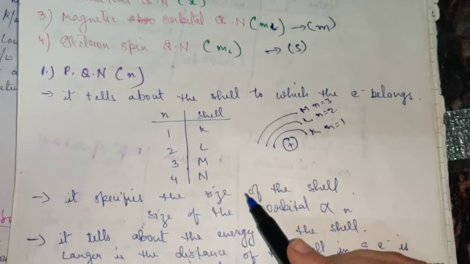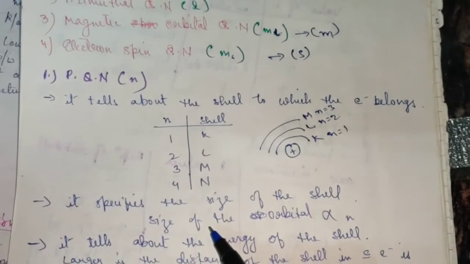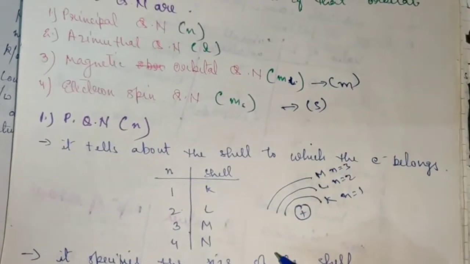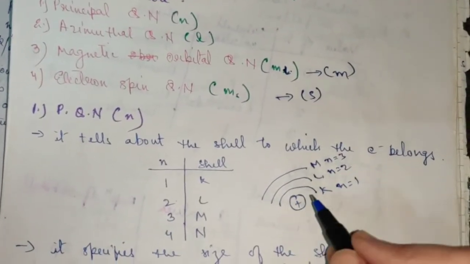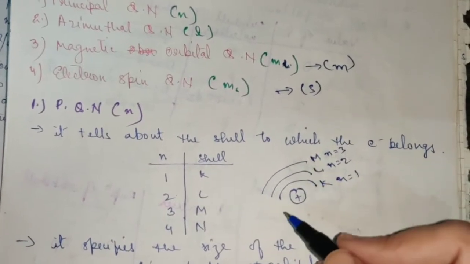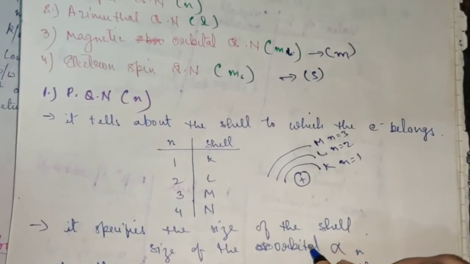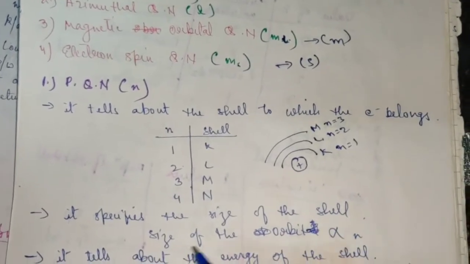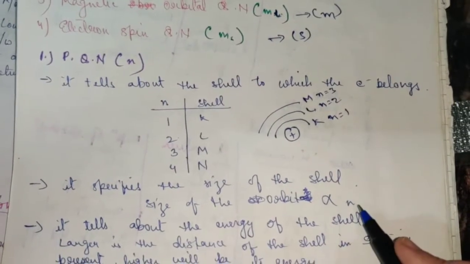It specifies the size of the shell. The size of the shell is directly proportional to what? The principal quantum number. Or you can say it also tells us about the size of the orbit. Orbit and shell are the same thing. The size of the orbit or shell is directly proportional to n.